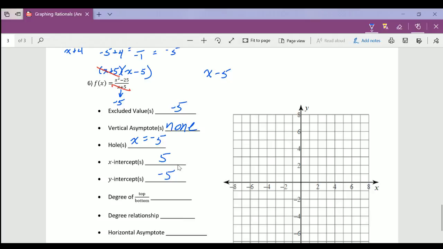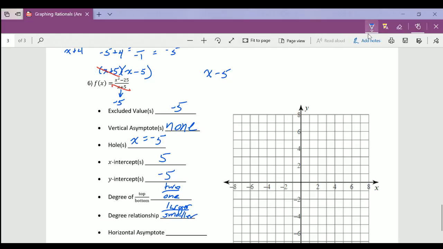The degree of the top is 2. The degree of the bottom is 1. So we have larger over smaller. I cannot spell the word smaller, apparently. Smaller.